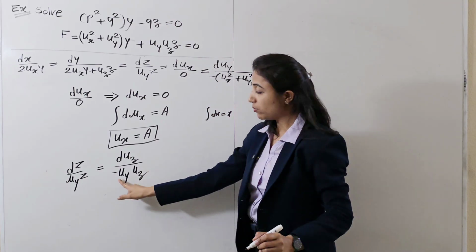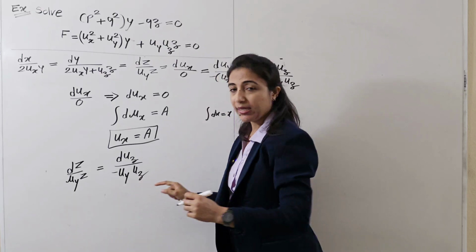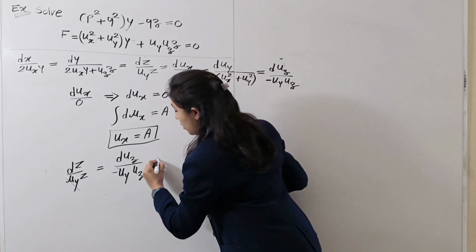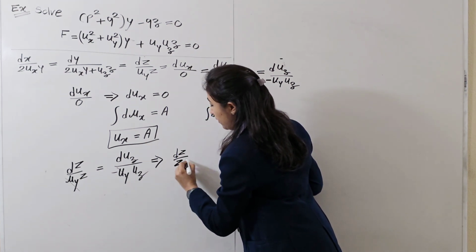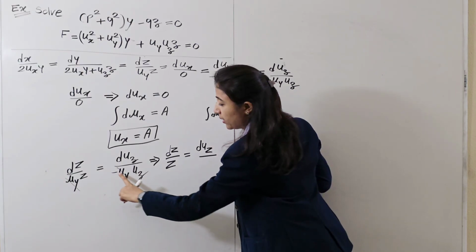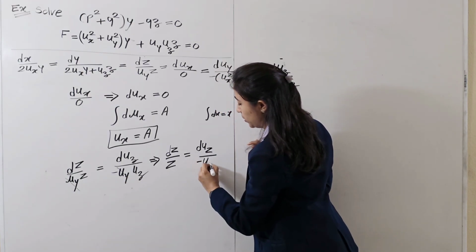See here both denominators contain u_y, so you can cancel out that u_y term. So the remaining is dz divided by z equal to du_z divided by minus u_z.